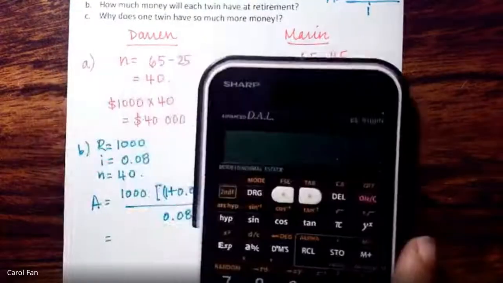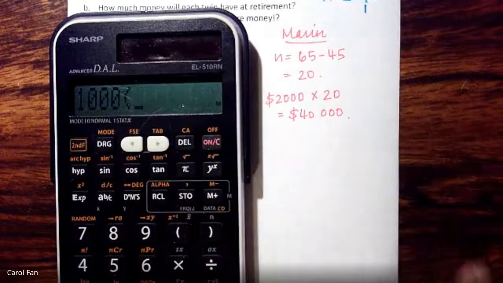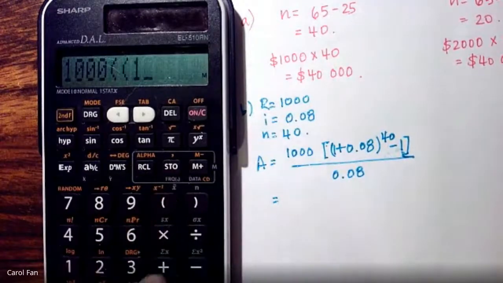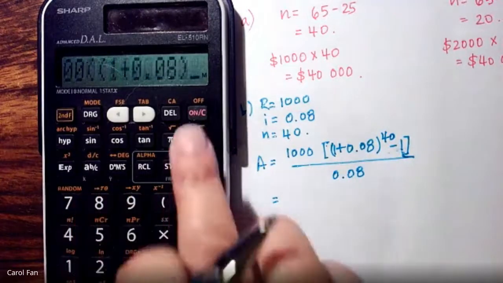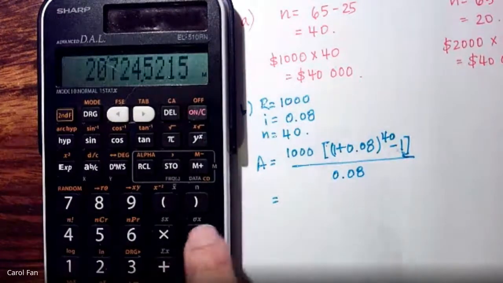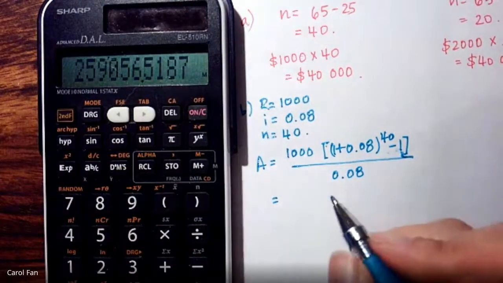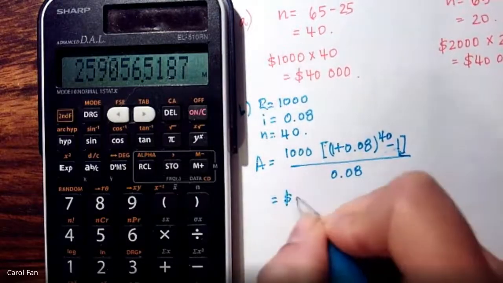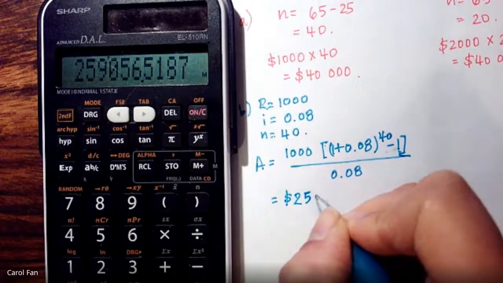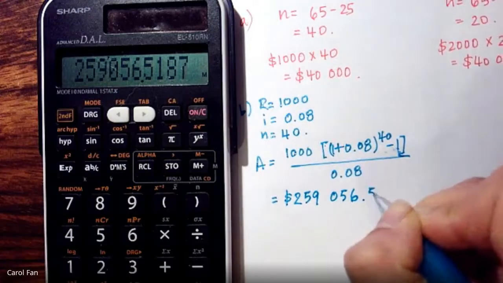Okay, so we have 1,000 times, open bracket, 1 plus 0.08, close bracket, to the power of 40 minus 1, close bracket, all divided by 0.08. So at the end, when Darren is ready to retire, he has $259,056 and some change.